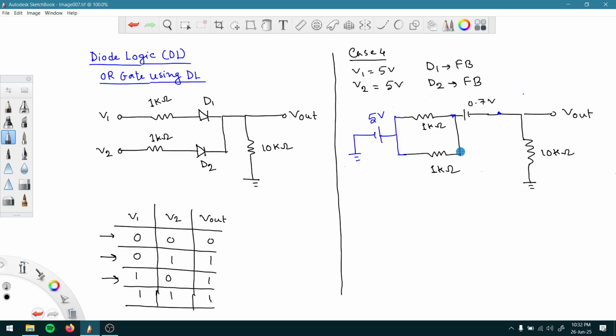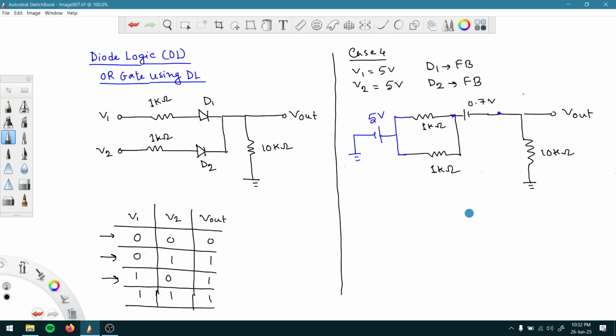So we have connected the two resistances in parallel to each other, and if we simplify these two parallel resistances into one resistance, that will be 500 ohm, because if we have two resistances of similar value in parallel to each other, then the equivalent resistance of that particular configuration will be half of the resistance of each resistor, right?